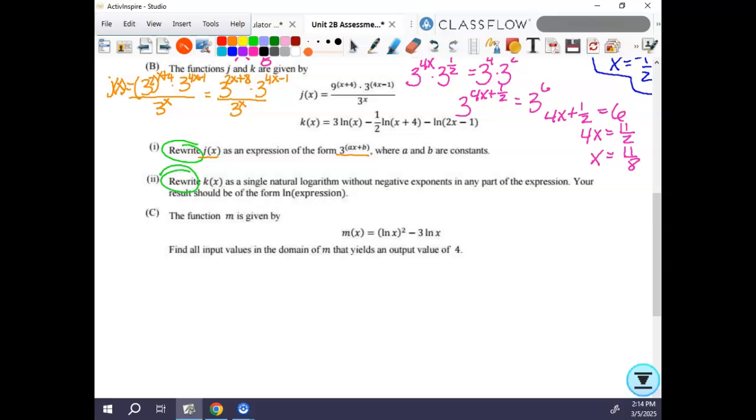In the numerator, I am multiplying two terms with the same base. What do I do with the exponents? I add them. So here, my base is 3. I'm going to add these two together, so that's going to give me 6x plus 7. And then I have 3 to the x in the denominator. Everybody with me? I am dividing two terms with the same base.